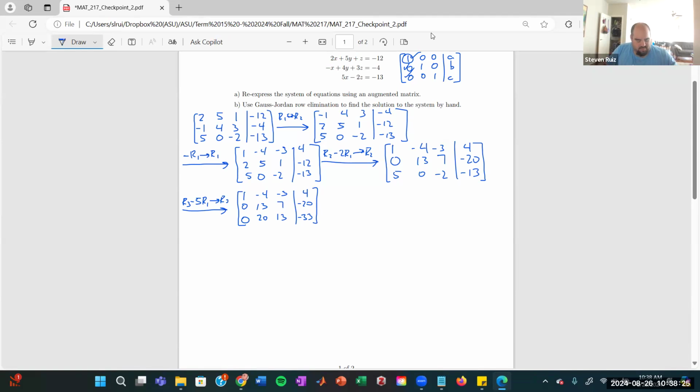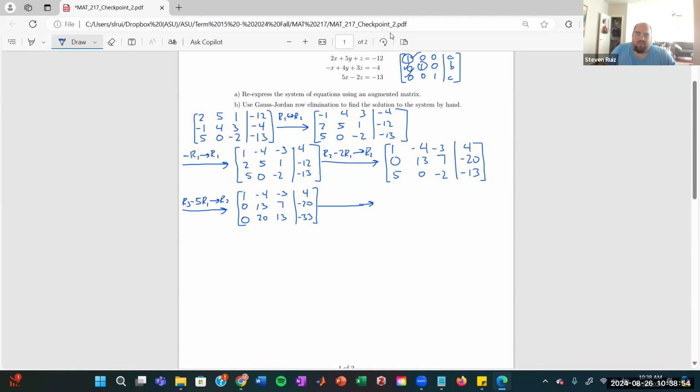Now we got to move on to the second column. So when you move on to a new column, the first job you have basically is to place the 1. So where this 13 is, I would like a 1 to be there. And like I said before, when we place that other pivot, that other 1 in the top left, we would really like to do that without involving more than 1 row.